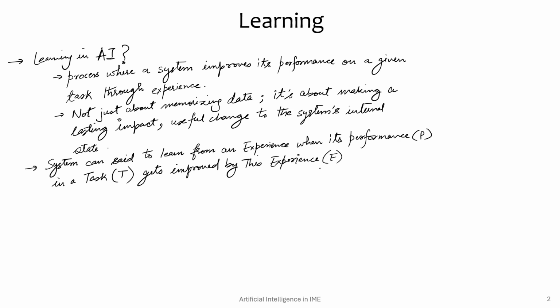Experience can be denoted by E. So when a system gets an exposure to a particular experience E, and its performance improves in a task T, then we can say that it is a learning process and the system has learned something useful. This is a very abstract way of telling what learning is.